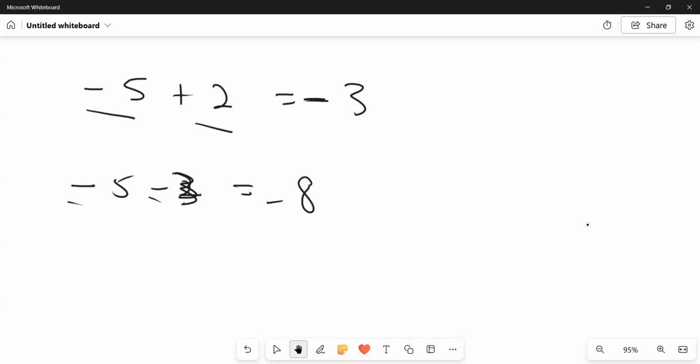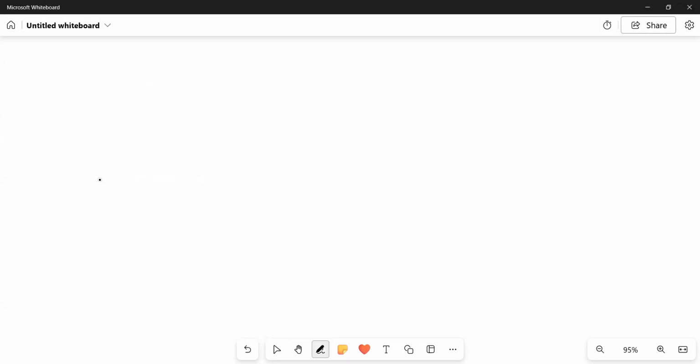Good. Let's take multiplication and division. So there are some nice rules. Let me shift down here. The rules are the same for the two. Of course, all of you know that if you multiply a positive number by a positive number, the answer is going to be positive.